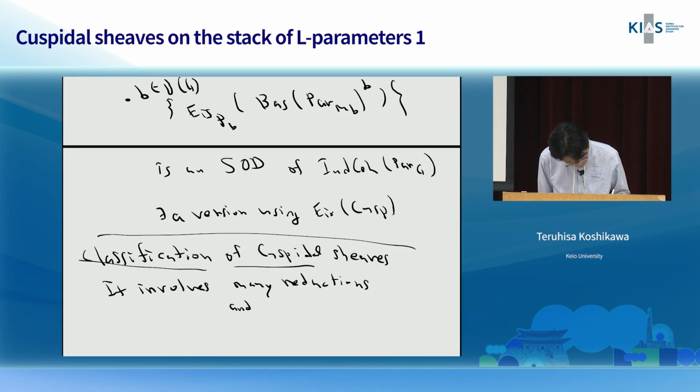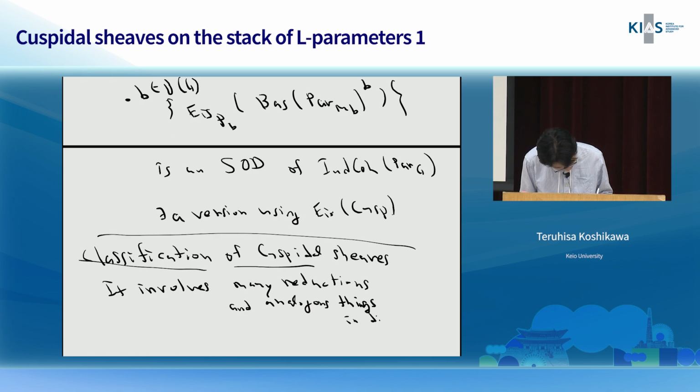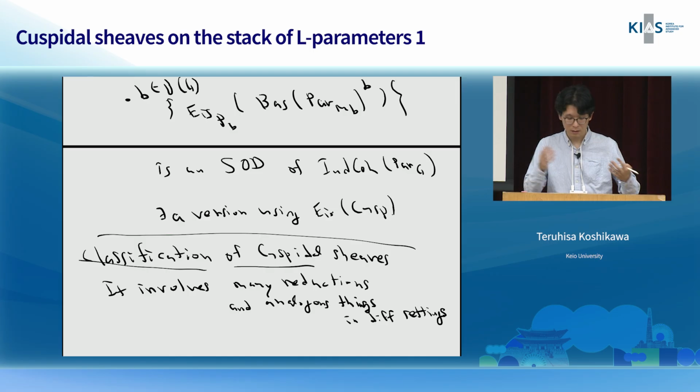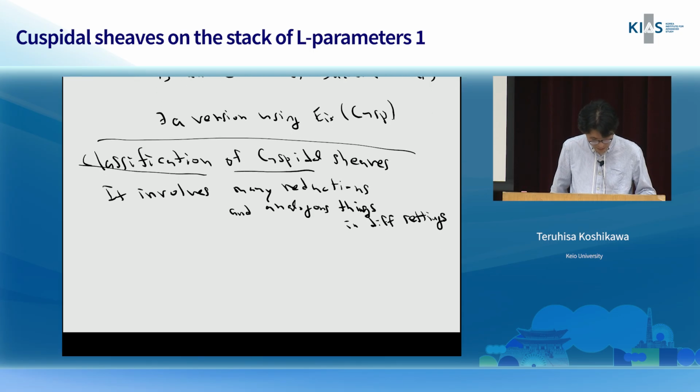And analogous things, I mean, cuspidal sheaves in several different settings. So I just give an overview of such things, okay?